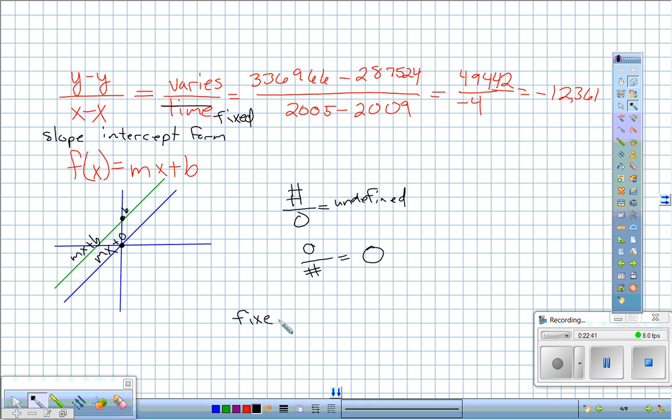The fixed cost will be my y-intercept, which is b, and the variable cost will be my slope, which is my m.